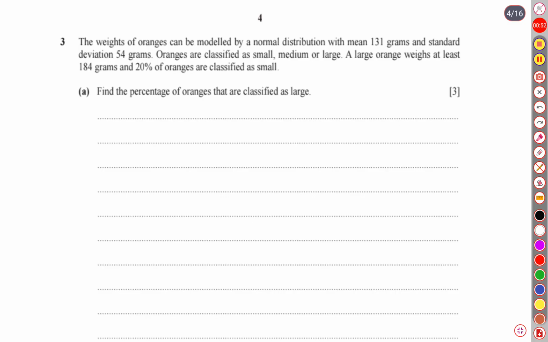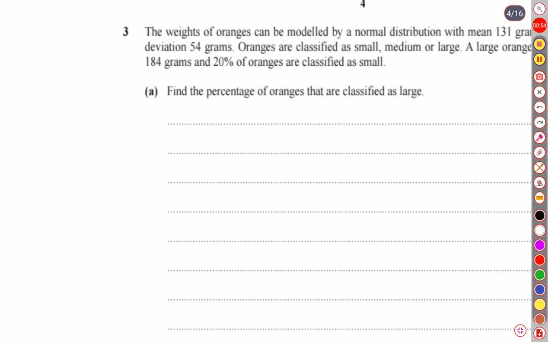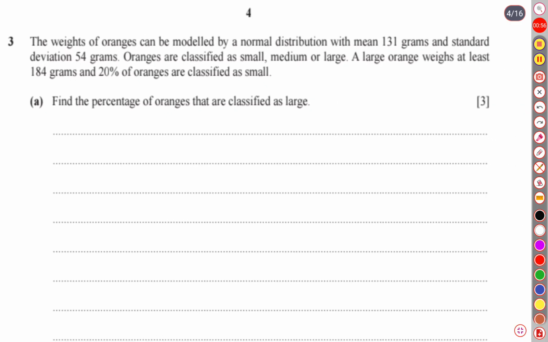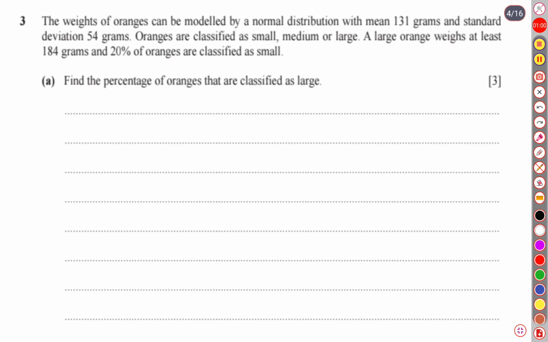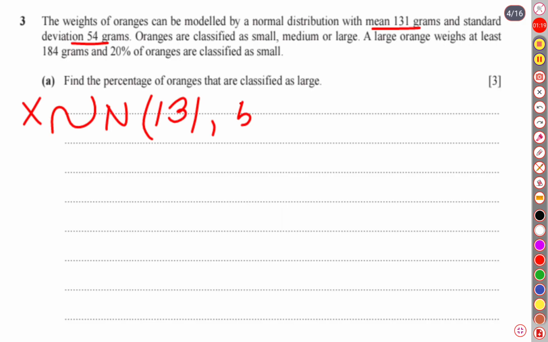So from the question we have come to know that it is a normal distribution based question. And for normal distribution the parameters are what? We know that the parameters of a normal distribution are mean as well as variance. Mean is 131 and variance is the square of the standard deviation, which is 54 squared.